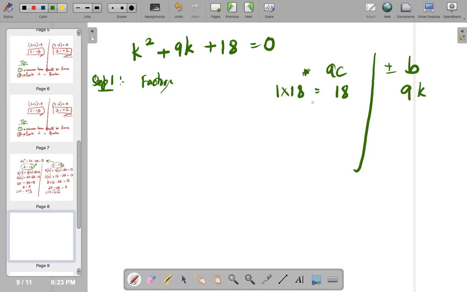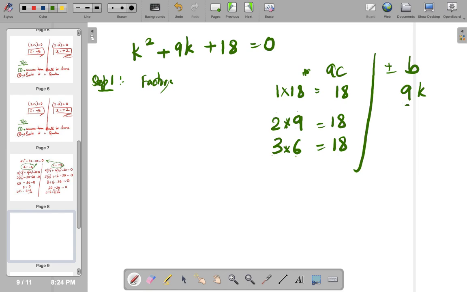Now, what are the factors for 18? 1 times 18, 2 times 9 is also 18, and 3 times 6 is 18. Am I right? So we have to find such a way that when you do plus or minus for these two terms, you need to get 9k.